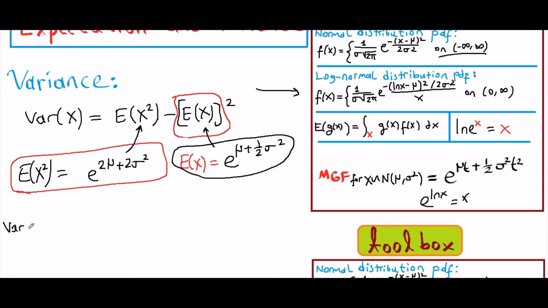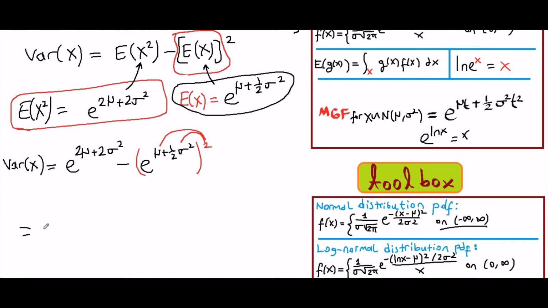So our variance of x for log normal distribution will be equal to e to the 2 mu plus 2 sigma squared minus e to the mu plus 1/2 sigma squared, squared. So squaring this means distributing this into terms. So let's simplify. We have e to the 2 mu plus 2 sigma squared minus e to the 2 mu plus just sigma squared.